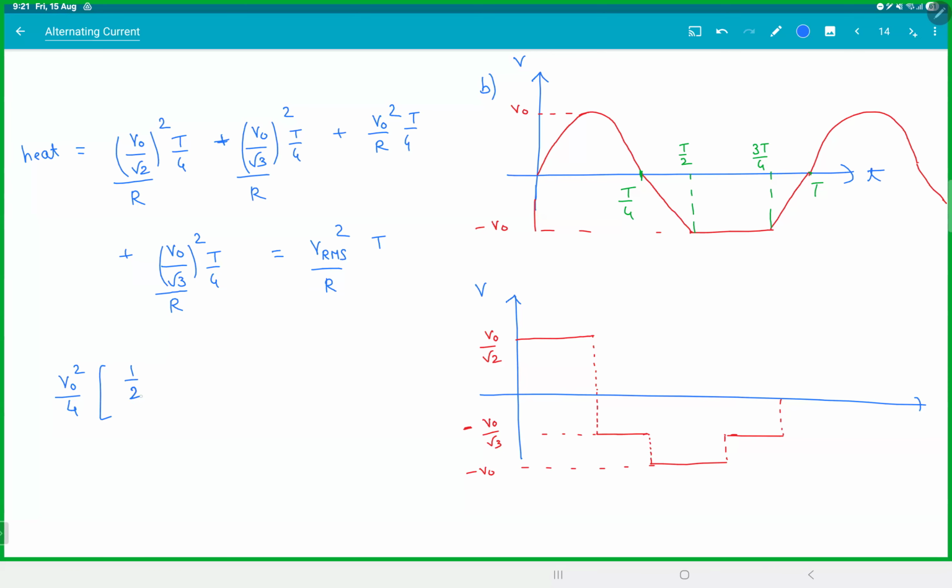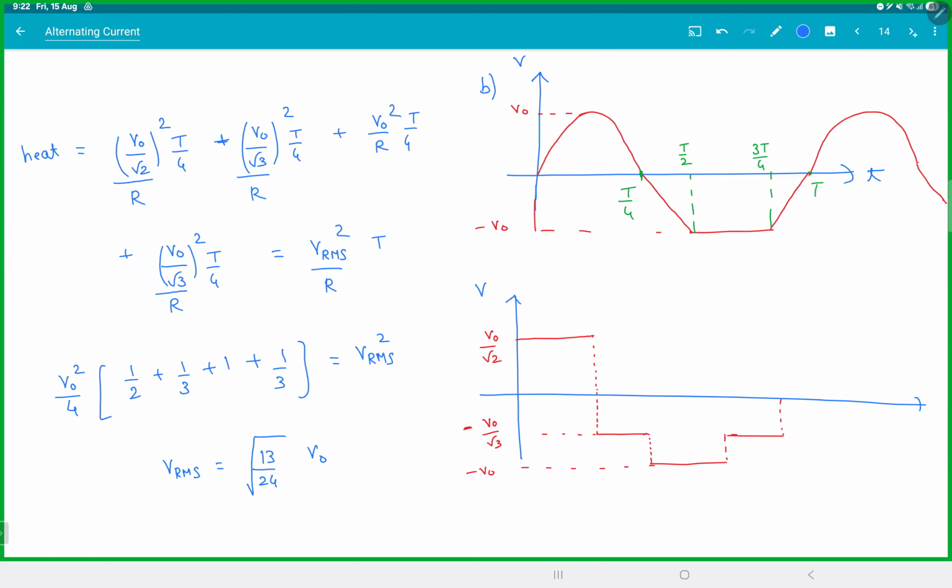You end up with 1 by 2 plus 1 by 3 plus 1 plus 1 by 3. That would be 3 by 2 plus 2 by 3. 9 plus 2, 11, 11 by 6. 3, 9 plus 4, 13 actually. 13 by 24 root V0.